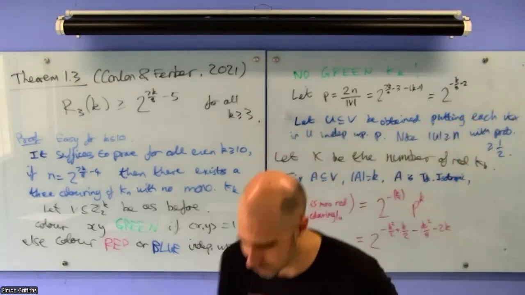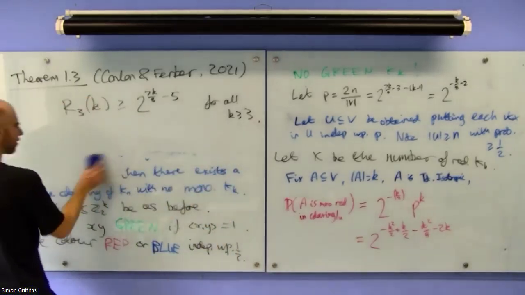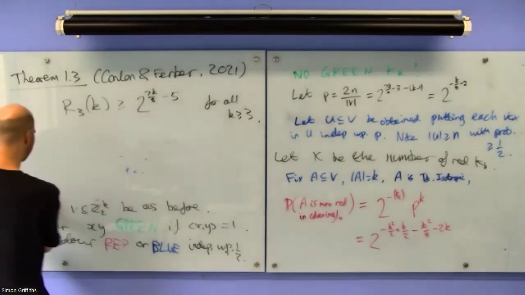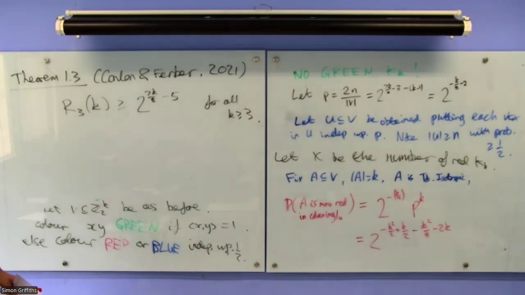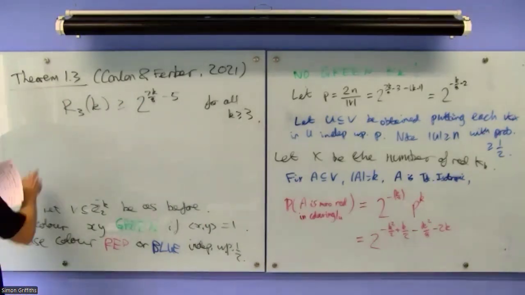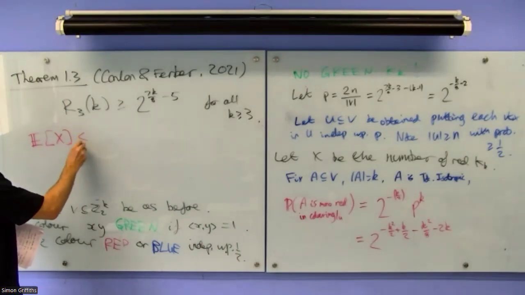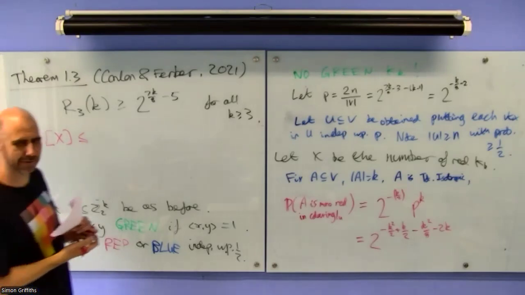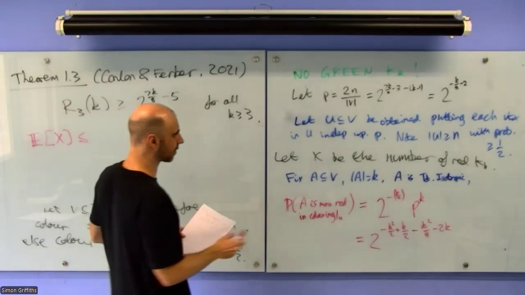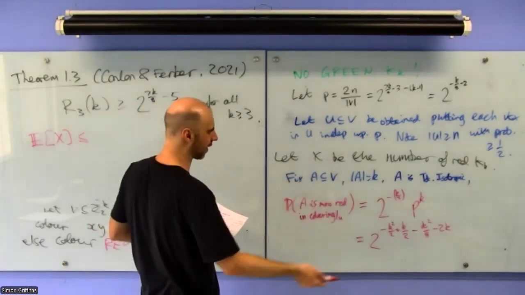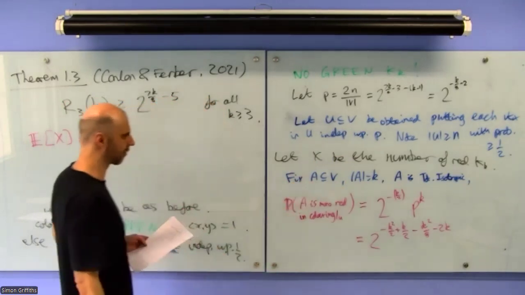So now we're nearly finished. We just need to combine that bound with our control on the number of totally isotropic sets, right? So now the expected value of X, the number of red K-cliques we get in U in the end, is the number of these sets times the probability of coloring them red.